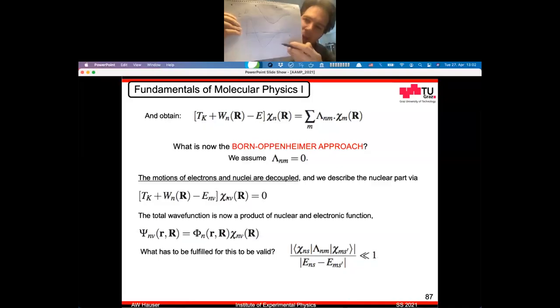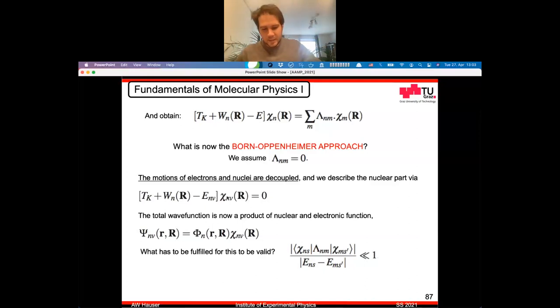Because you can see, typically, in a bound state, there is a certain geometry, so a certain distance between the two nuclei, at which the energy is minimal, which is the most convenient distance between the two atoms. This means that for different electronic states, you will have slightly different equilibrium distances, right? Because in some electronic state, a distance of 1.2 angstrom would be the lowest in energy, but for some excited state, it might be different.